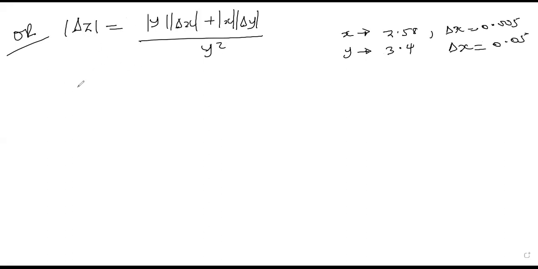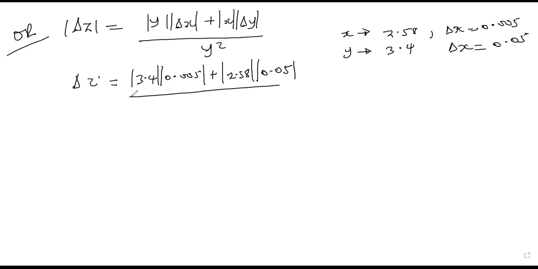So if you substitute here, you get your dZ as magnitude of Y, which is 3.4, times magnitude of delta X, which is 0.005, plus magnitude of X, which is 2.58, times magnitude of the other one, which is 0.05, out of Y squared.